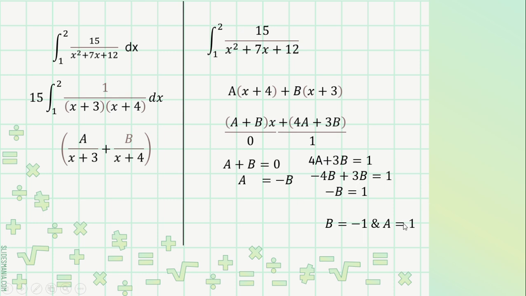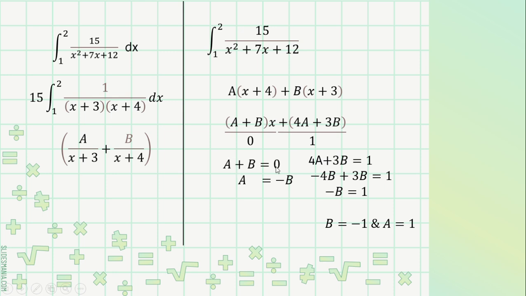And a is 1. Where did I get a from? For a, we can use a plus b equal to 0, or a plus 3b equal to 1. I will use a plus b equal to 0.